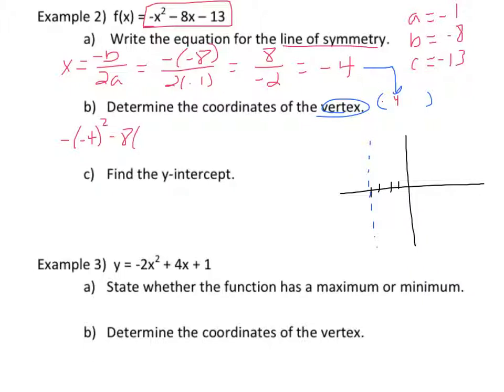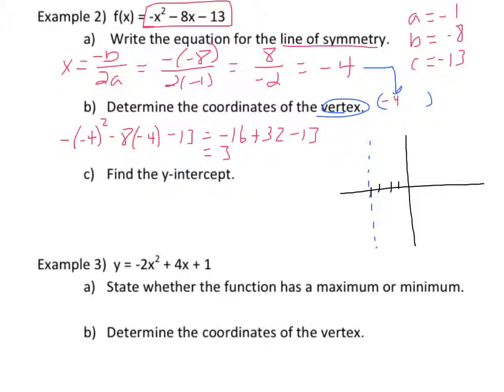Just like an xy table, we're plugging in a value and we want to see what y we get out. So -4 squared is 16, but there's a negative on the outside, so it becomes a -16. 8 times 4, both negatives, gives you a +32 minus 13, which in turn gives you 3.